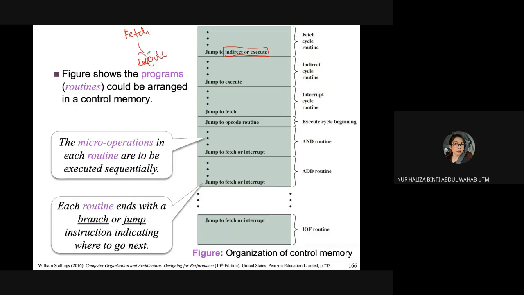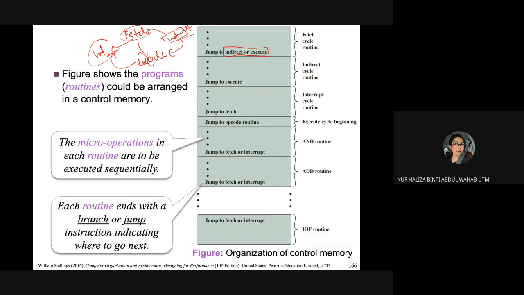So you can go to here, and also maybe there is indirect, and then you have interrupt. You cannot directly go to interrupt from fetch. You can only go directly from fetch to indirect or execute.